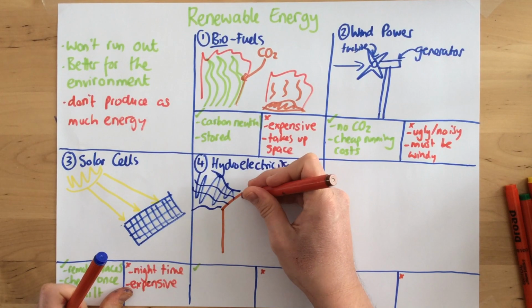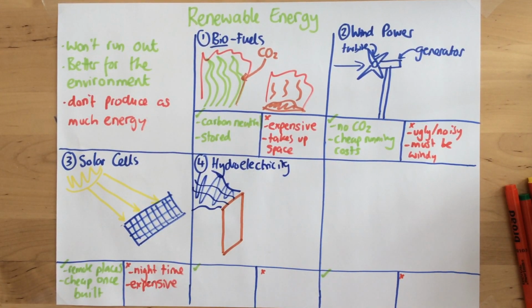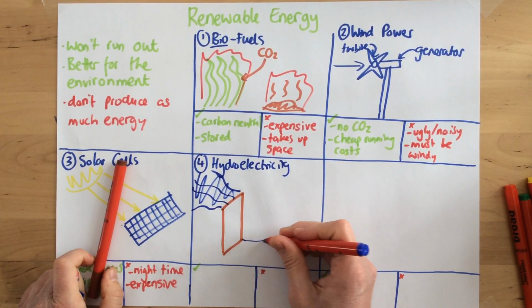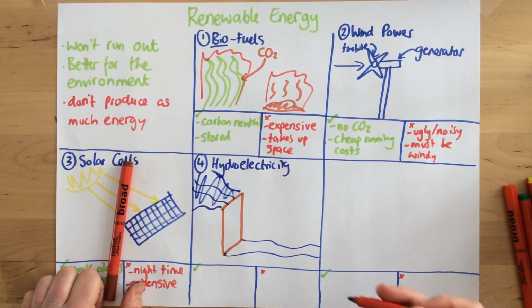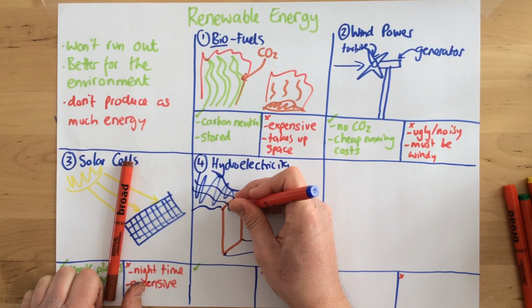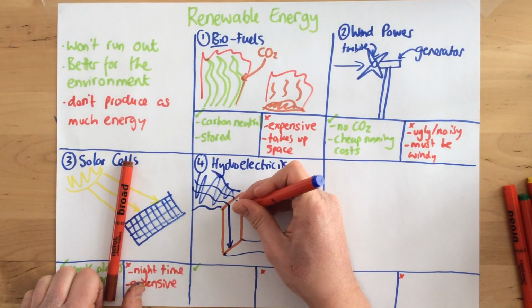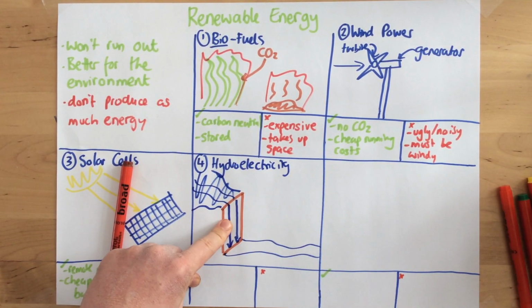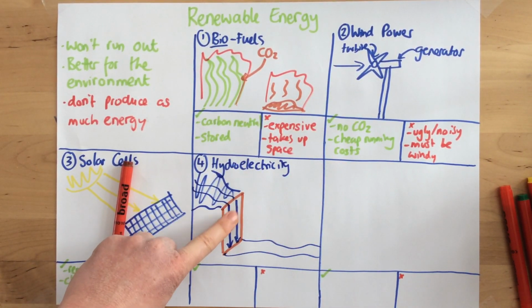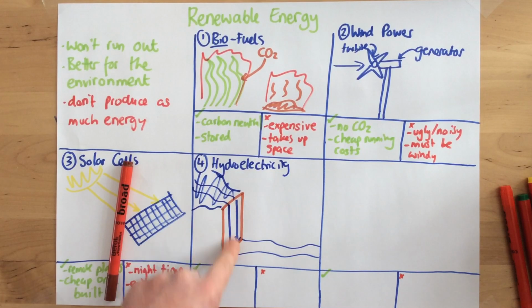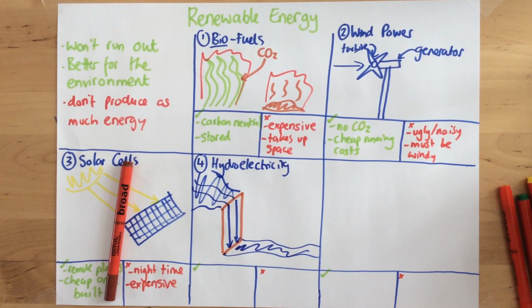What then happens is at a slightly different level, like at a lower level, the river continues underneath. So what happens for hydroelectricity is water is let through the dam, and within the dam there are lots of turbines, a little bit like in wind power, that turn when the water drops through. So essentially that's how hydroelectric power works.